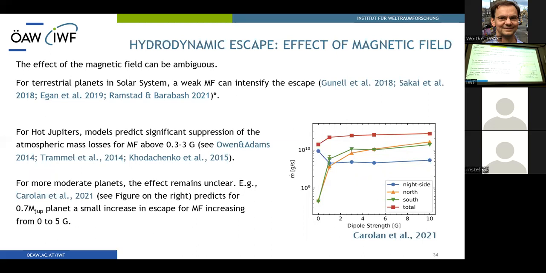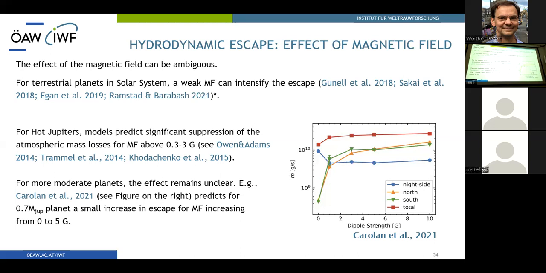However, everything depends on the configuration. And this was, for example, shown for terrestrial planets in the solar system, specifically for Mars. It was studied a lot, that a weak magnetic field can intensify the escape. In the case of Mars, the magnetic field is the crustal magnetic field, so not the global dipole, but it demonstrates that essentially the configuration of the field can matter.